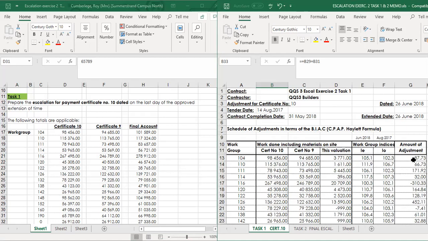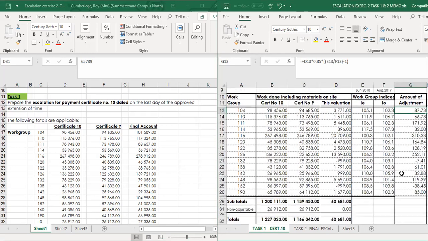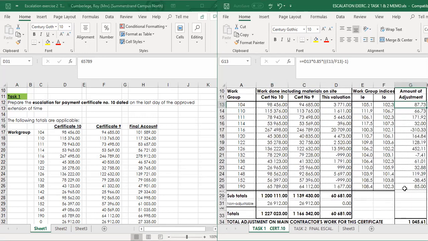You apply the formula in this case, in other words, the Hewlett formula, 0.85 times V times (IE divided by IO, less 1). That is still applicable up to and including practical completion. So we've reached practical completion with certificate number 10. So you apply the Hewlett formula up till certificate 10 in this case, just check the values.